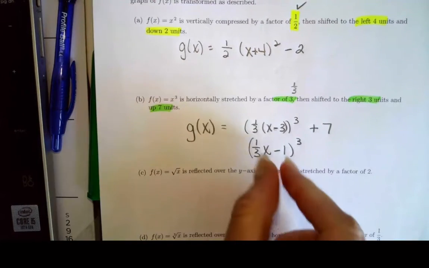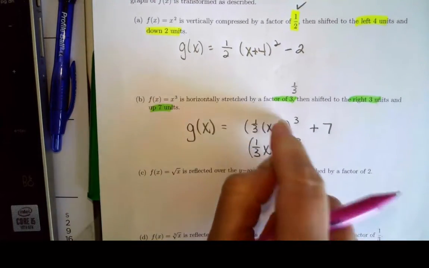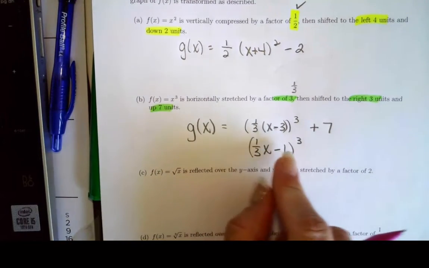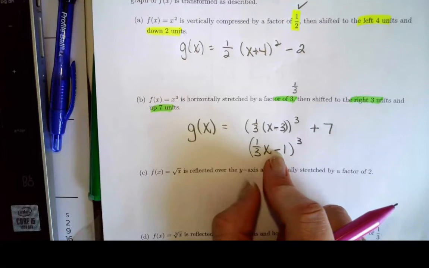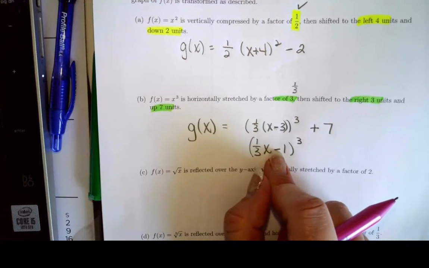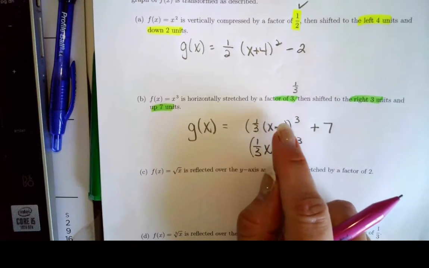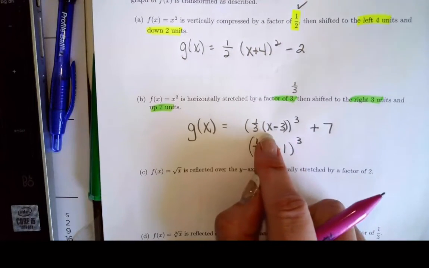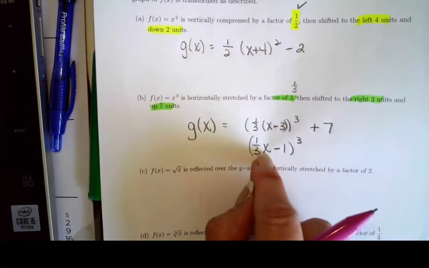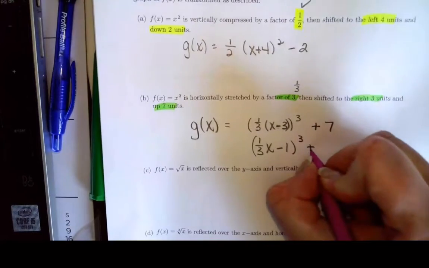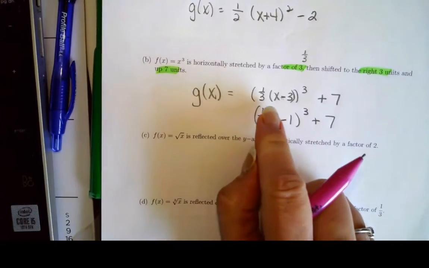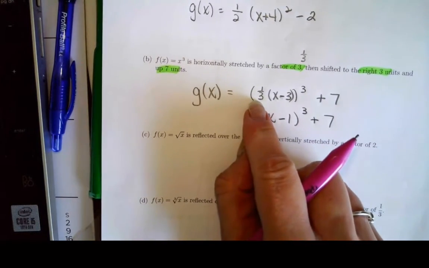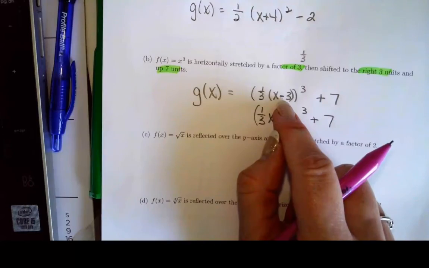So notice that the inside needs to be in factored form, otherwise it's slightly confusing. If you look at it just this way, it says to go right 1. I don't want to go right 1. I want to go right 3. That's why I need to write it as 1/3 times that quantity. When you simplify it, it's okay to put it this way. But make sure as you're creating your equation to take your 1/3 times any horizontal movement.